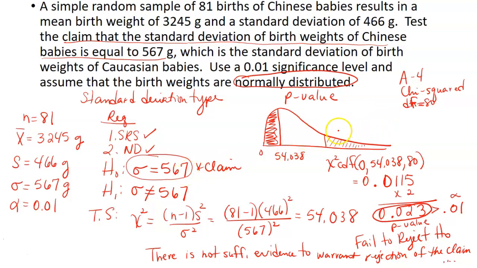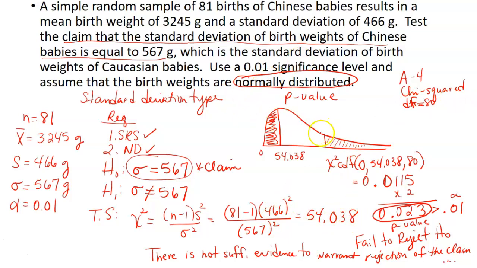So a couple things. This is one of those where you have to be careful that you put the test statistic on the right tail. You can use your chi-squared chart as a guide for that, because when I looked at the degrees of freedom being 80 and I looked across that row, I could see that this 54.038 fit more within the left side than it did the right side.